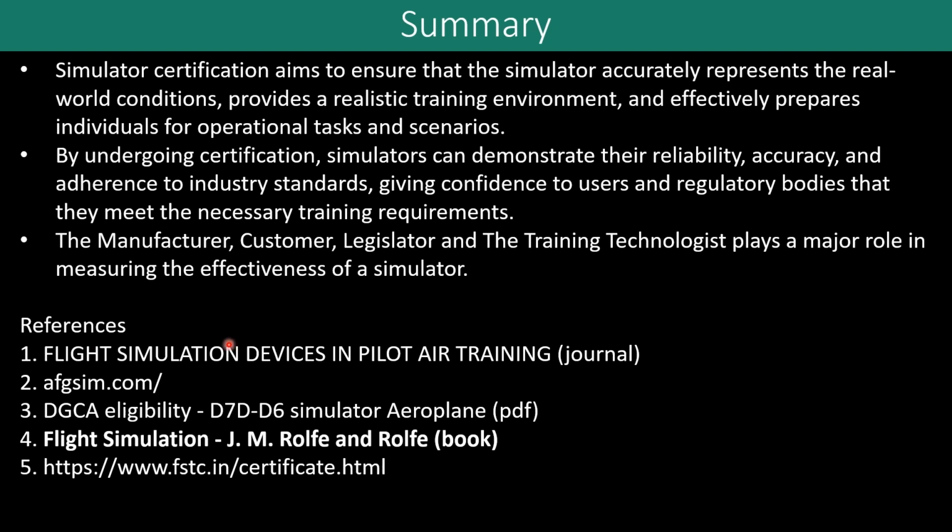Okay, these are the references which I have taken. And for understanding purposes, I have included the DGCA eligibility, D7D D6 simulator airplane. In this, you can see a lot about how the DGCA gives the eligibility criteria for the simulator certifications to the training academies.